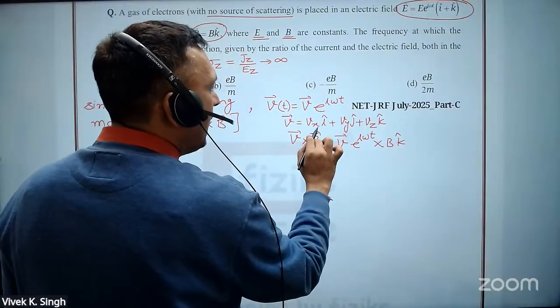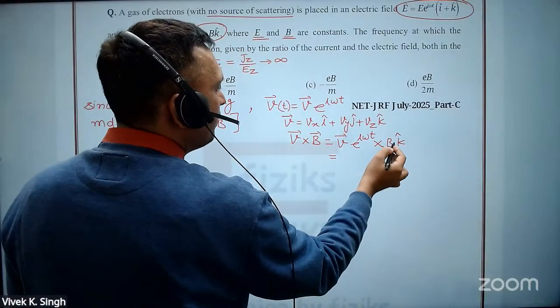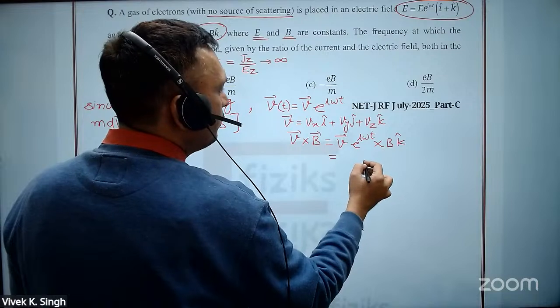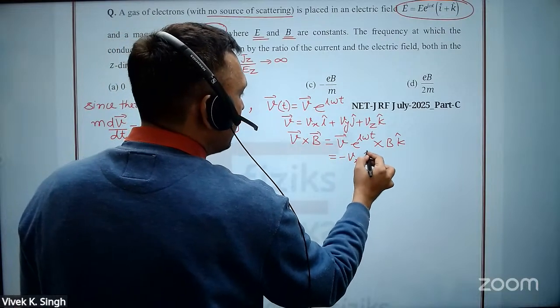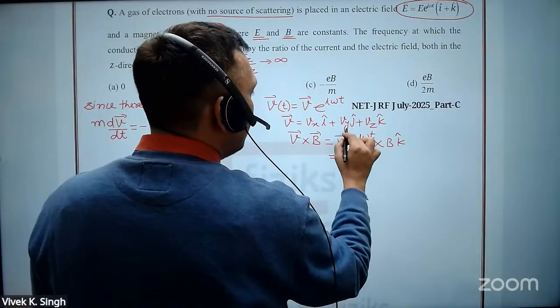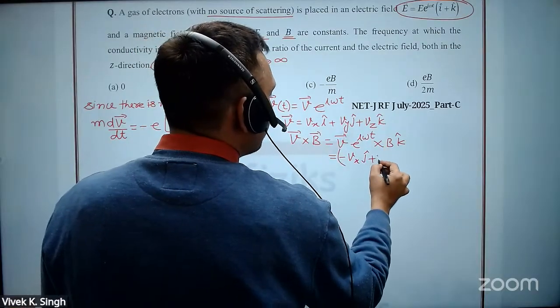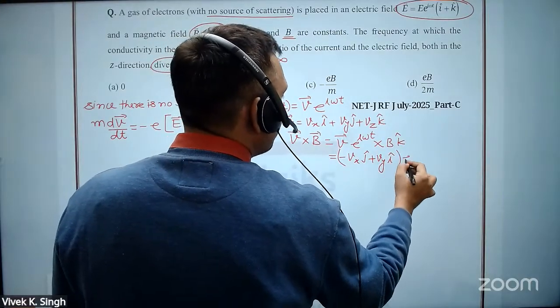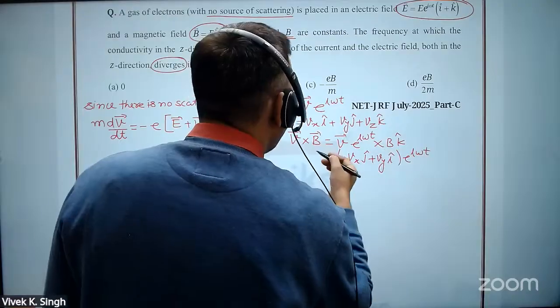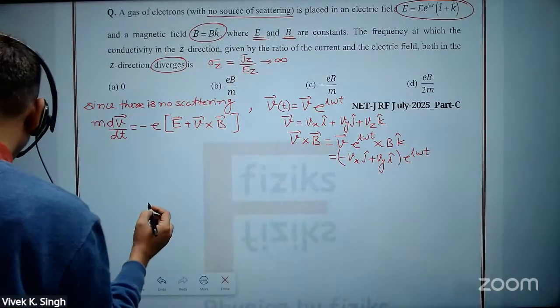If you take i cap cross k cap, that will give you minus j cap. So this is minus Vx j cap, and j cross k cap will give you plus Vy i cap, and k cross k cap will be 0, times exponential iota omega t. So you can write this as V cross B. Yes or no?